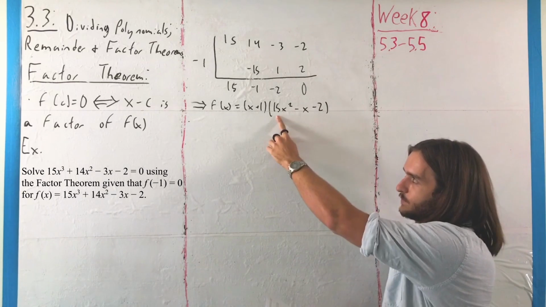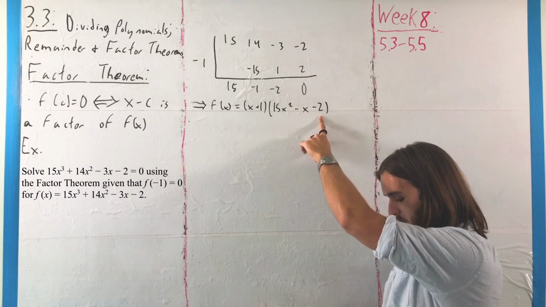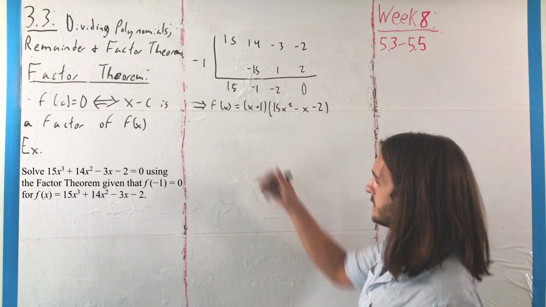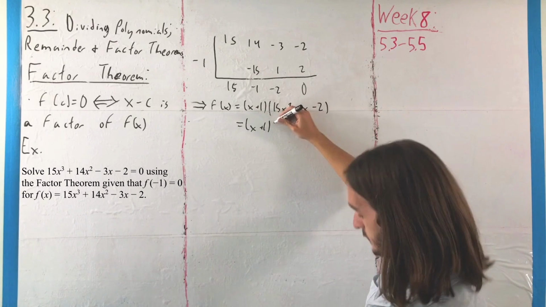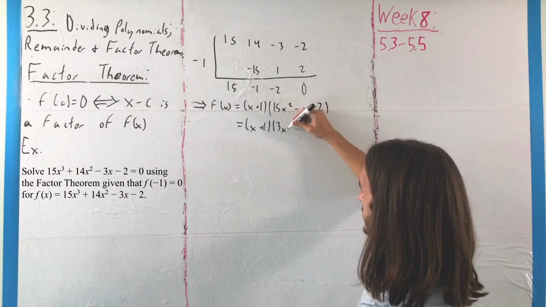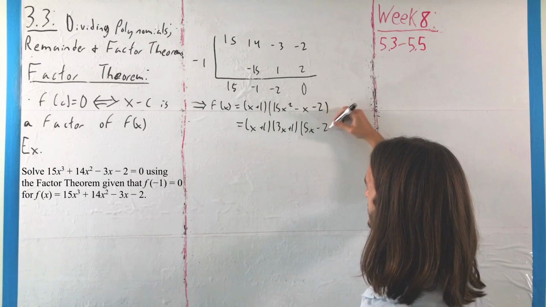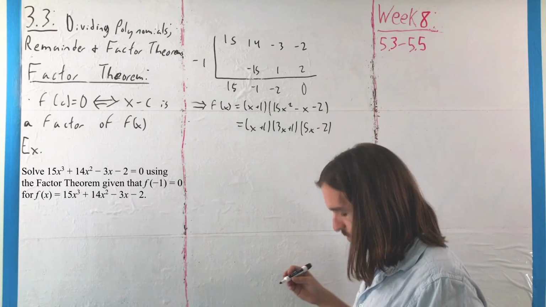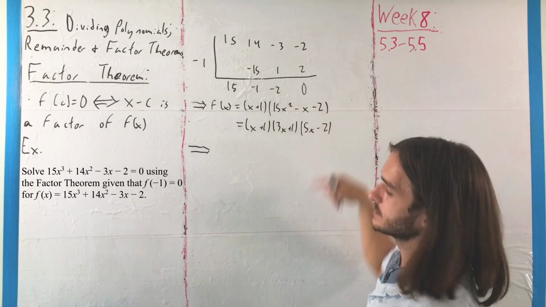We have factors for 15 are 3 and 5. Negative 2 are 2 and negative 1. So what we'll end up with here, with some careful algebra, is x plus 1 times 3x plus 1 times 5x minus 2, which says that if we want our solution set, we want to find the places where this whole thing is equal to 0.